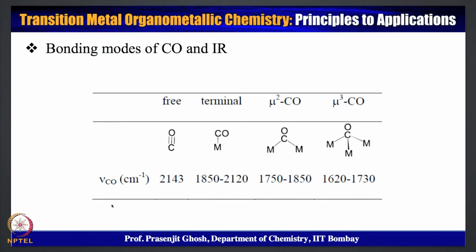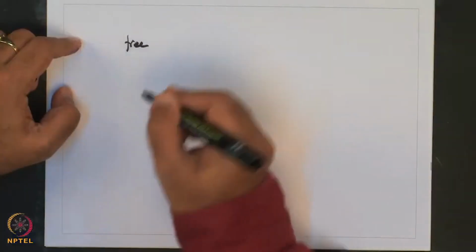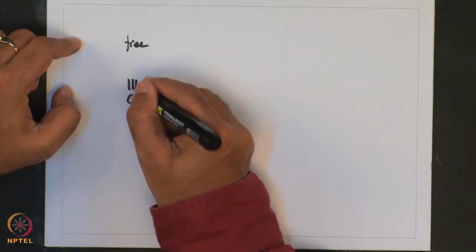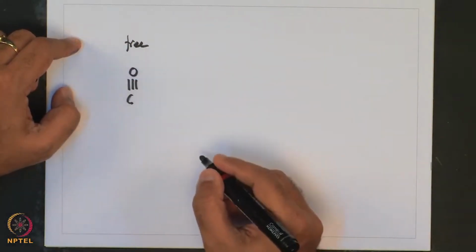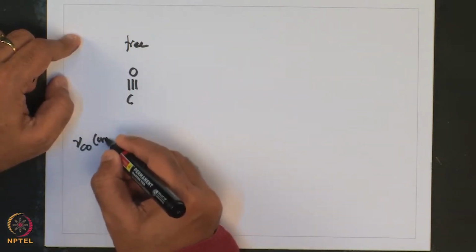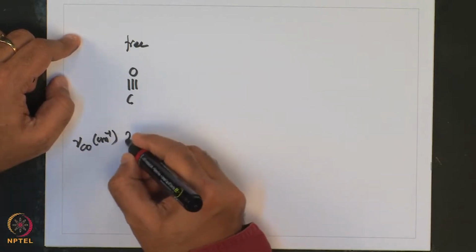We will take a look at a few more types of binding modes of CO and how that correlates with the CO stretching frequencies. That will also give us insight as to how the binding modes affect the metal carbonyl stretching frequency. For example, for free CO, the CO stretch is 2143.